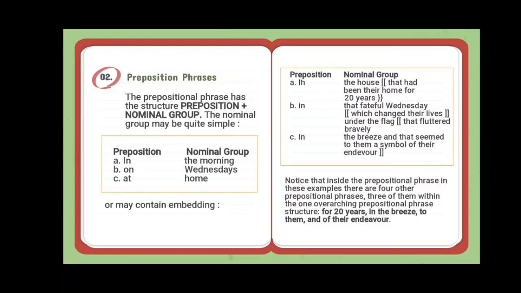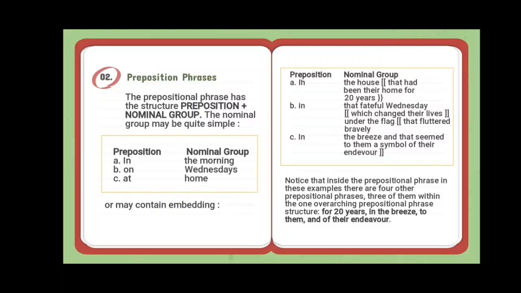Or it can contain an embedded prepositional phrase, like for the nominal group, in the house that had been their home for 20 years, and then on that fateful Wednesday which changed their life, under the flag that fluttered briefly in the breeze, and that seemed to them a symbol of their endeavor.